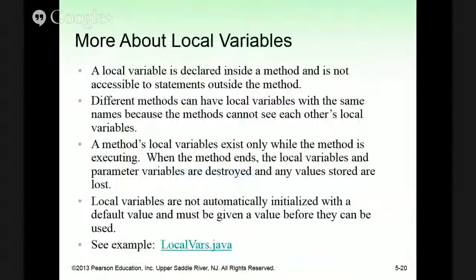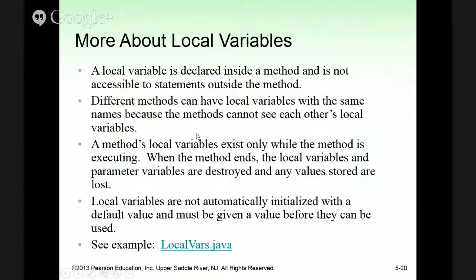So let's look a bit more at local variables. We actually talked about this a minute ago because you guys are sharp and you're actually ahead of me. A local variable is declared inside a method and is not accessible outside of the method. Different methods can have local variables with the same names because the methods can't see each other's variables. So you can do it, but it's not recommended because it makes for difficult to read code.